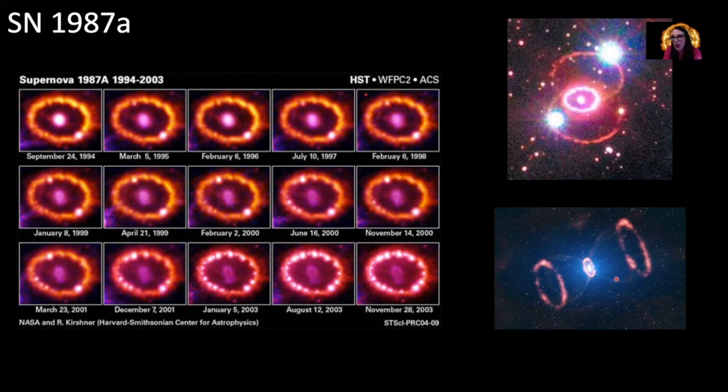And so what they think happened is that you had the star here, but the original star was also surrounded by a disk of material, and when the star exploded into its supernova, that material that was expelled from the star smashed up and banged into that disk of material that was originally surrounding the star. And then that material is still moving outward and impacting this ring of material surrounding the star. And that's what's causing the changes in this ring of material that we're seeing around the supernova remnant.